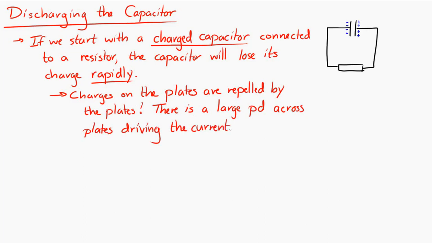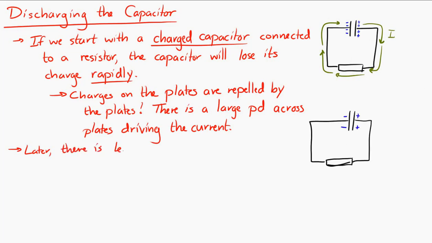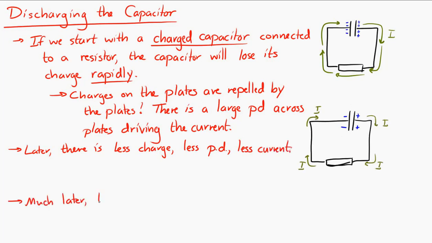Later on, there's less charge on those plates because the charge has flowed. With less charge, there's less potential difference across the plates, and there's going to be a smaller current. And then much, much later, all of the charge has left the plates and there's no more current flowing.